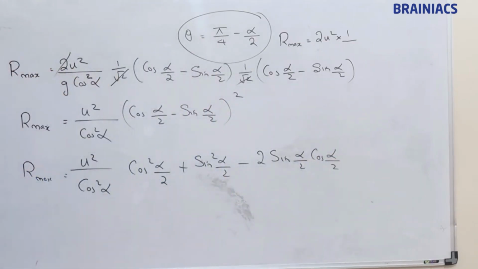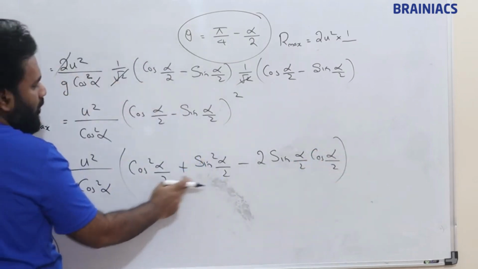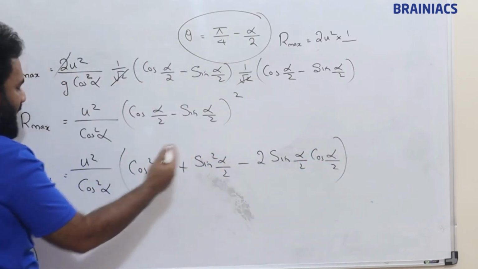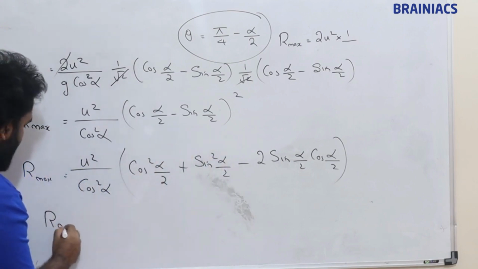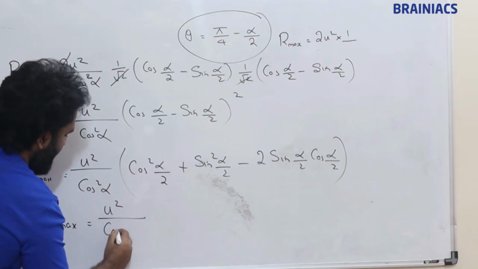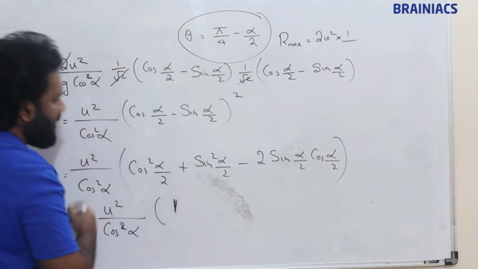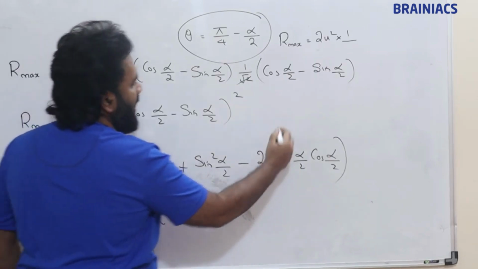Sin square alpha by 2 plus cos square alpha by 2 is nothing but 1.